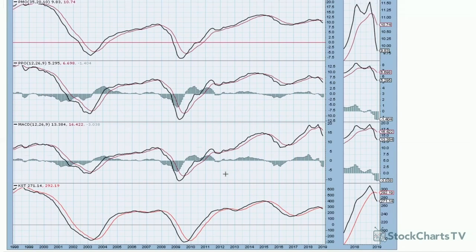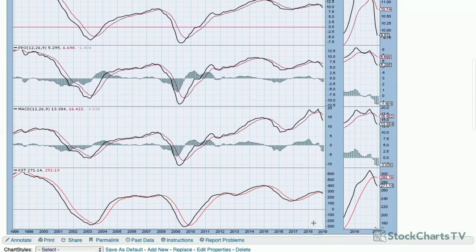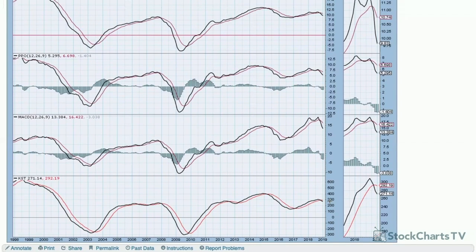Now, the KST is the smoothest of them all. Yet one of the things that you'll notice is that when it tops or bottoms, it's delayed compared to the other three. It's obviously designed to be smooth. The smoother you get something, the slower the turns are.